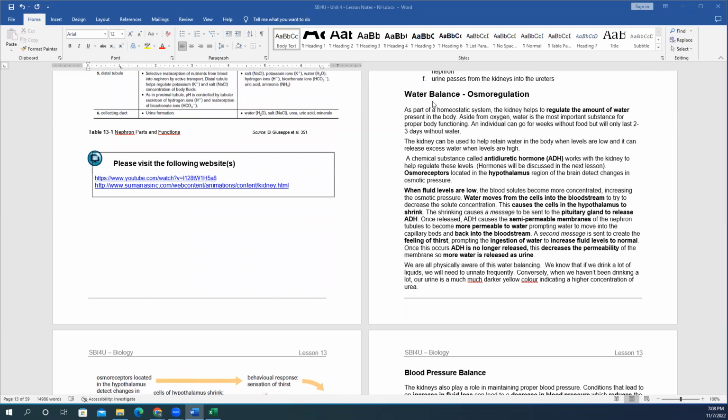So now we're going to talk about water balance, or the proper scientific term for it, osmoregulation. And this is also a part of that homeostatic system. The kidney plays a big role in the regulation of water and osmoregulation. If we're looking at homeostasis, other than the need to make sure that there's always enough oxygen present, water is the other most important substance that our body needs for proper functioning.